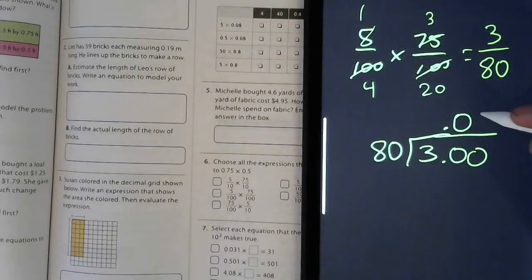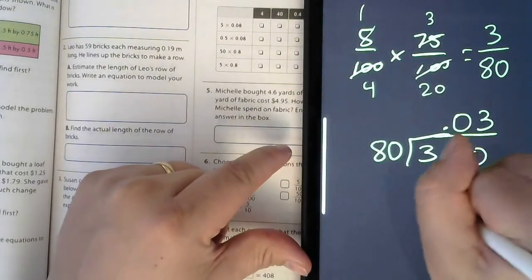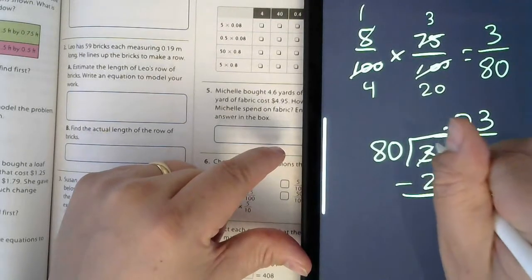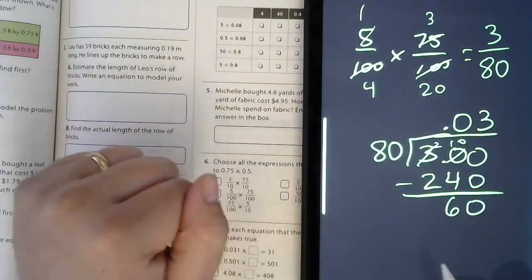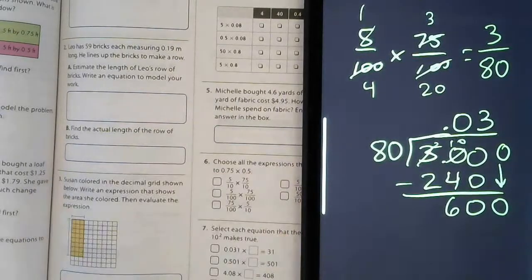We'll say 3 times, right? 3 times 8 is 24, so 3 times 80 is 240. I'll subtract. I get a 0. Borrow. 10 minus 4 is 6. 2 minus 2 is 0. So I end up with 60. Add another 0, bring it down. And 80 does go into 600.